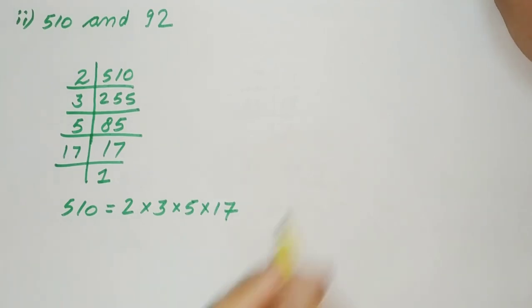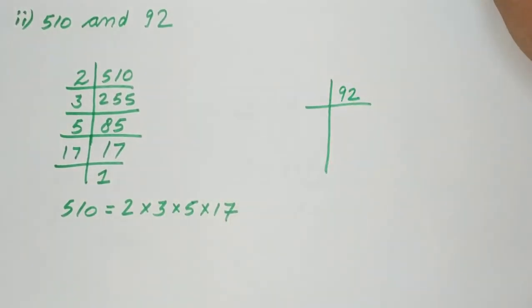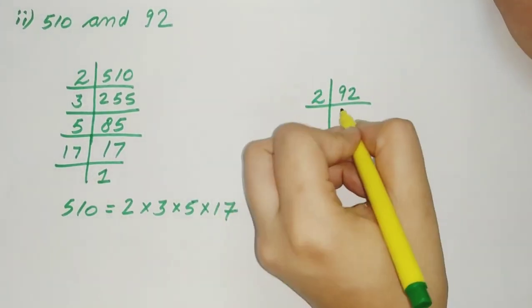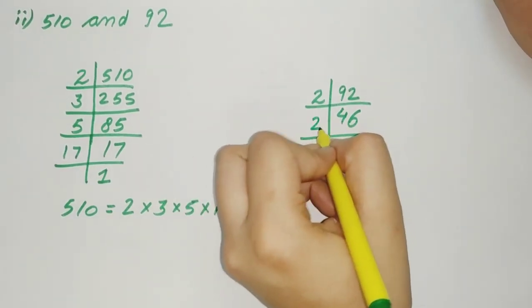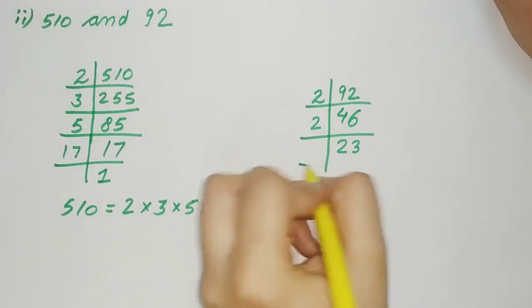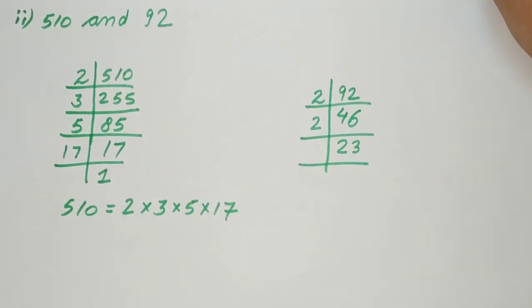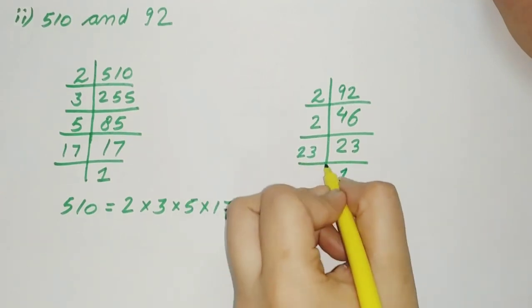Now we'll find out the prime factors of 92. Now 2 times 46 is equal to 92. Now 2 times 23 is equal to 46, and since 23 is a prime number, thereby 23 ones are 23.